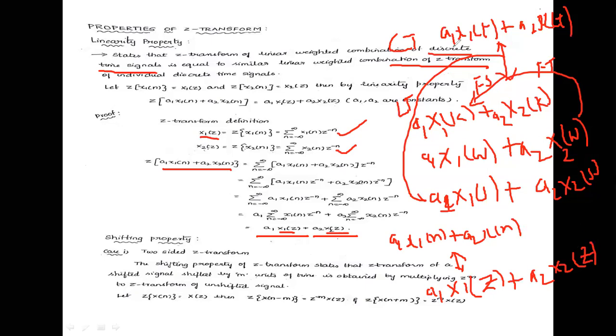You substitute the combined signal in the time domain and simplify it to get the Fourier series X(k), the Fourier transformation X(ω), the Laplace transformation X(s), and the Z transformation X(z).